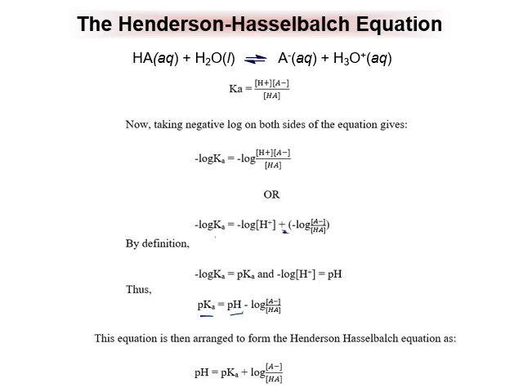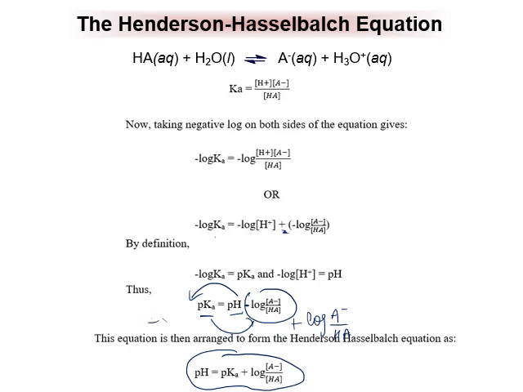So now because this is negative right here, this gives you the Henderson-Hasselbalch equation. You can rearrange this equation to get rid of this negative sign. If I add log of A minus over HA here and add it on this side as well, it would cancel out and give me pH.